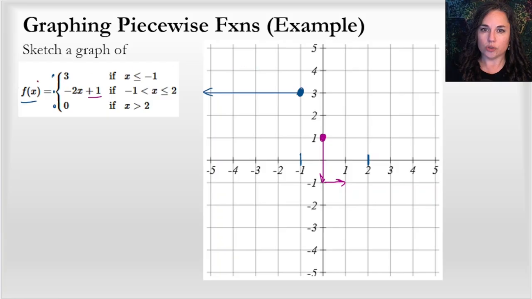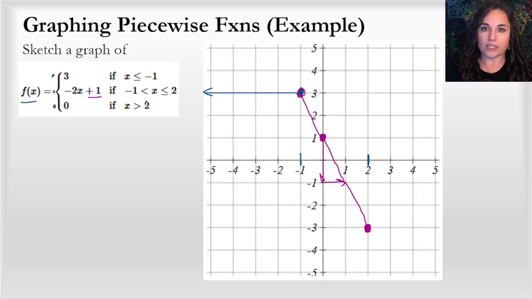And that is true from -1, so I'll connect those 2 points, all the way down to 2. When I look at this, there's an open dot for this function at -1, and there's a closed dot at 2 where this function ends on the upper part of that domain.